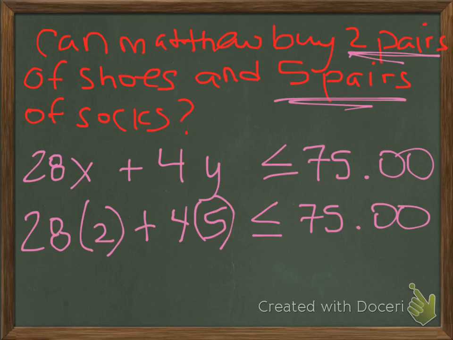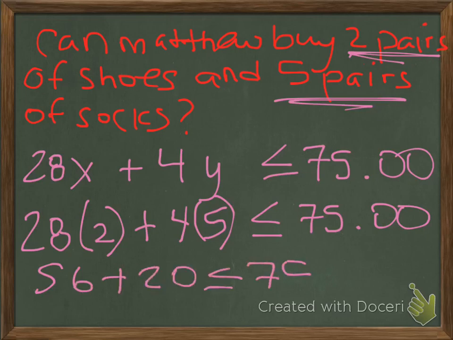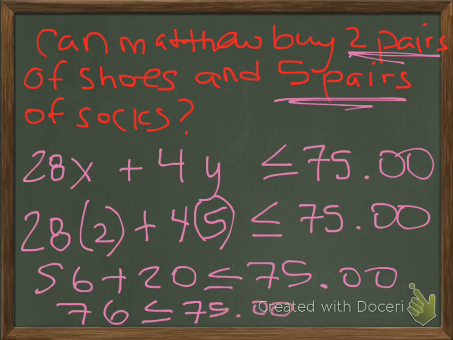So 28 times 2 is 56, plus 20 has to be less than or equal to 75, which we get 76. So is 76 less than or equal to 75? No. So he cannot buy 2 pairs of shoes and 5 pairs of socks.